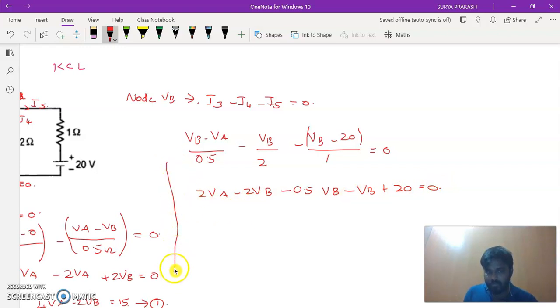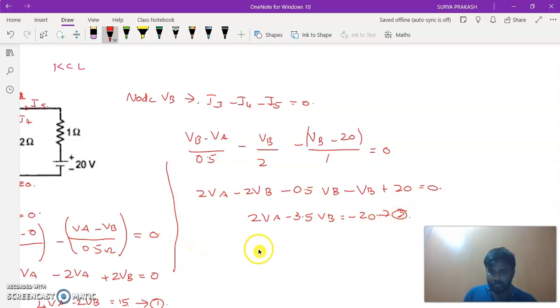Once you solve this equation, you will get 2VA minus 3.5 VB is equal to minus 20. This is equation 2 for node B.